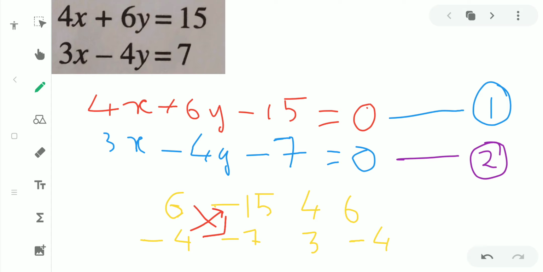So first let us do for this part. First of all, we should do in this way.